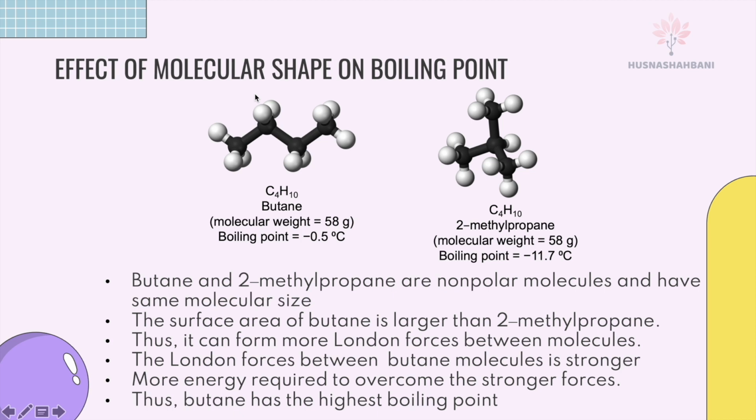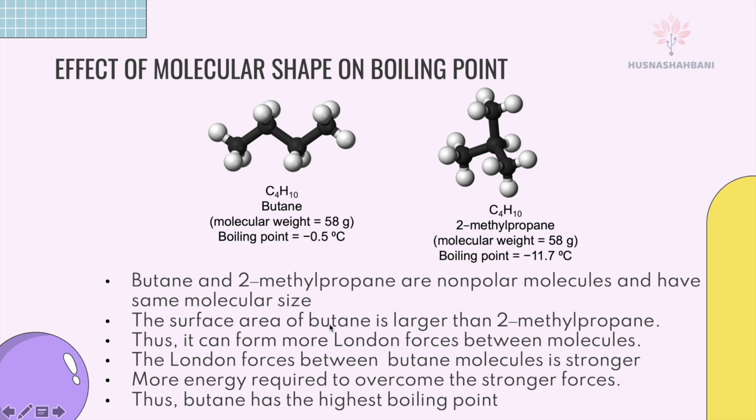Effect of molecular shape, we can look at butane and 2-methylpropane. Both have the same chemical formula, C4H10, but the molecular shapes are different. Butane and 2-methylpropane are non-polar molecules and have the same molecular size, but different molecular shape.